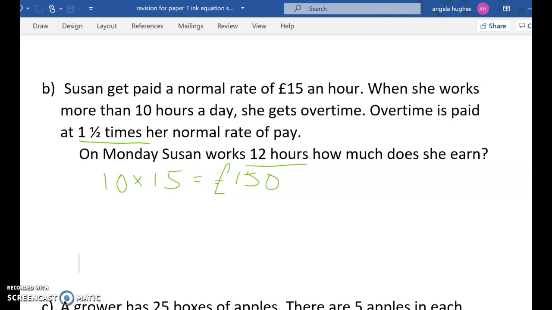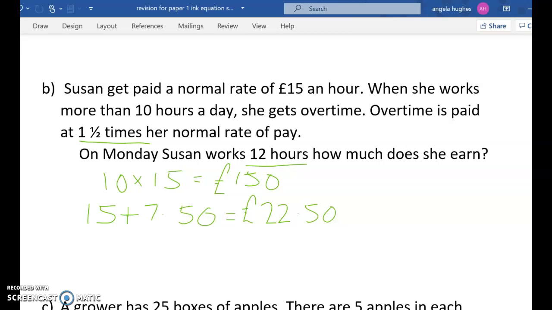So that means £15 plus half her rate. Okay, £15 plus half her rate. So that's 15 plus half of 15, which is £7.50, which gives her £22.50 per hour.